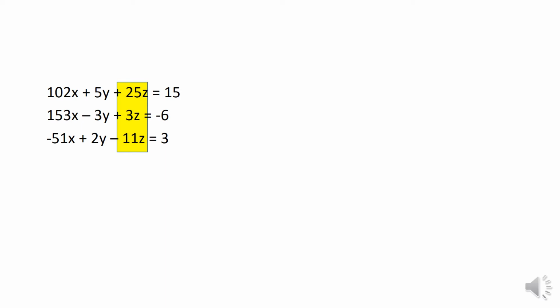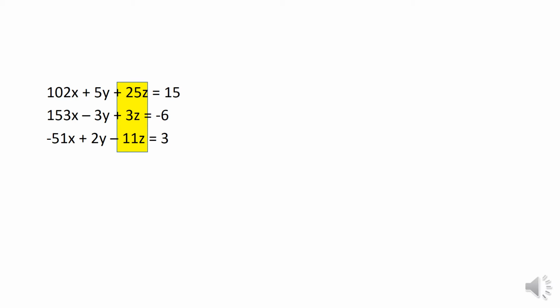Now, we actually do not want to cancel out the z's again because we'd always have to multiply both of the equations by some number. We can never leave any of the equations alone. So for example, we could multiply that 25z up top by -3 to get a -75z, and then we could multiply that 3z in the middle by 25 to get a positive 75z.